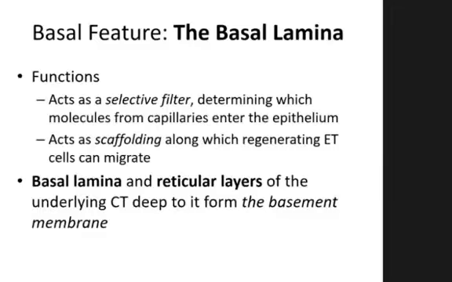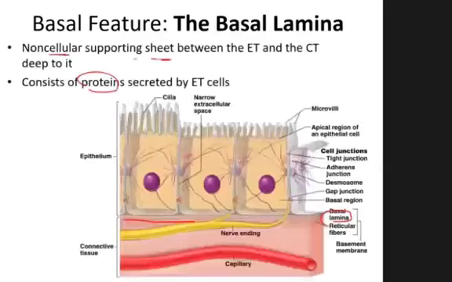It acts as a scaffolding along the regenerating epithelial tissue. And the basal lamina, together with the reticular fibers of the connective tissue, together they're actually called the basement membrane. So if you take a look at the picture again, the reticular fibers are located within the connective tissue layer. So if you combine the reticular fibers of the connective tissue together with the basal lamina, the partnership is called the basement membrane. But if it's just an epithelium, usually they just sit on top of what we call the basal lamina.